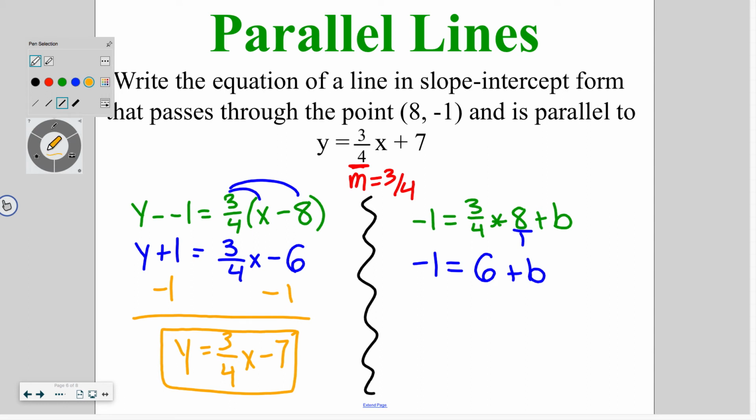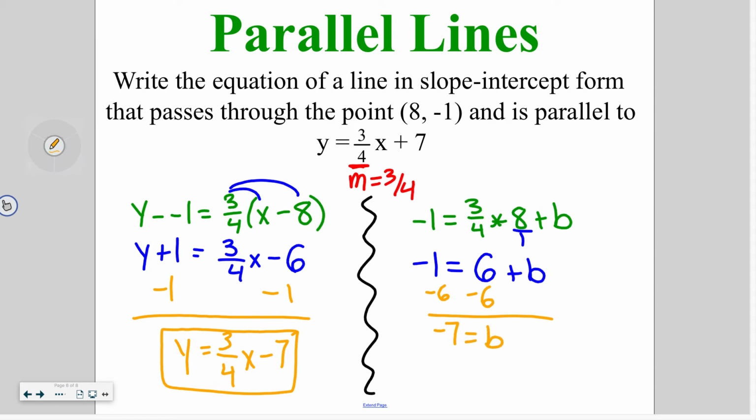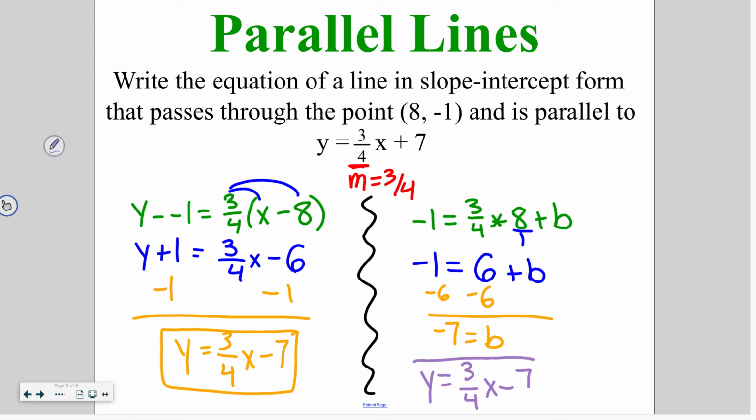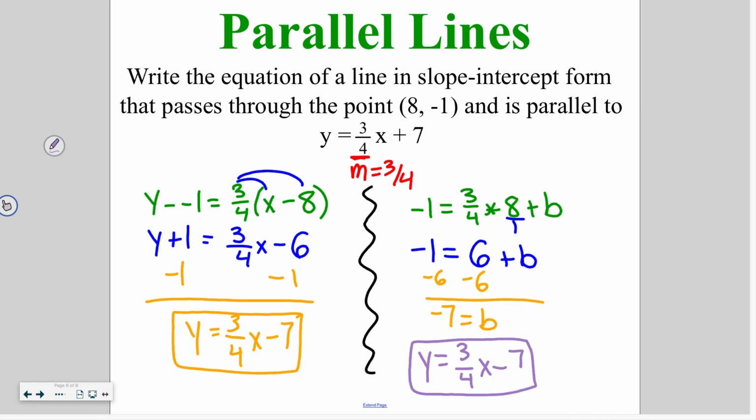Solving for b by subtracting 6 from both sides, I get an answer for b of negative 7, giving me my final equation of y is equal to 3/4 x minus 7. Again, matching the answer that I had on the other side. So my parallel lines are those two right there.